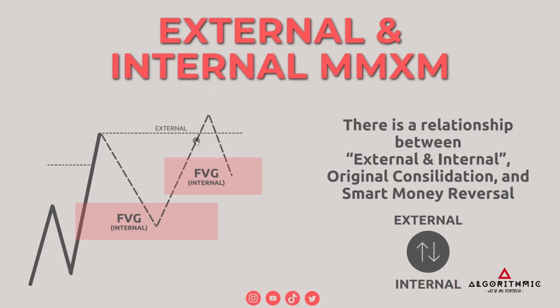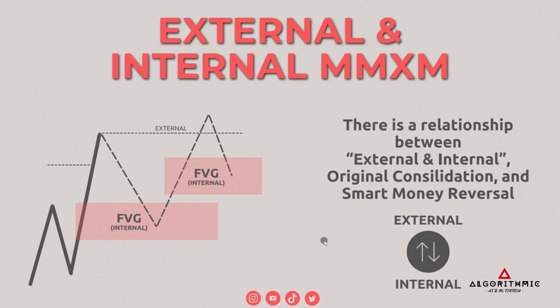Now, again, we can see a move of external to internal. Now we can have another market maker's model there on the lower time frame, but what we'll have again is original consolidation here. At the high, we'll have again an internal reversal going to the upside, taking liquidity again.